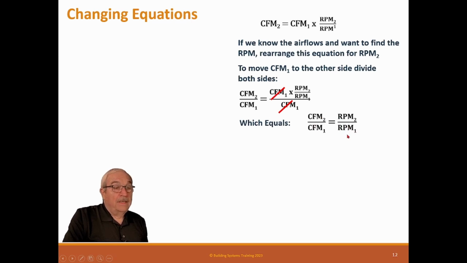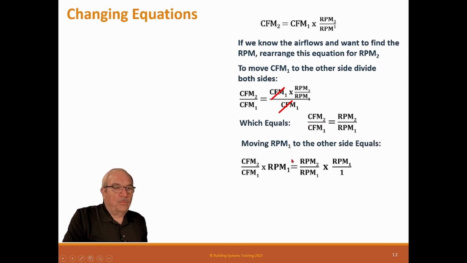Well, in a little while, I'm going to tell you how to use this formula. You don't have to go any further. But right now, we'll go further to tell you how you get RPM to the other side. So we need RPM1. The equation becomes CFM2 divided by CFM1 times RPM1 equals RPM2 over RPM1 times RPM1.